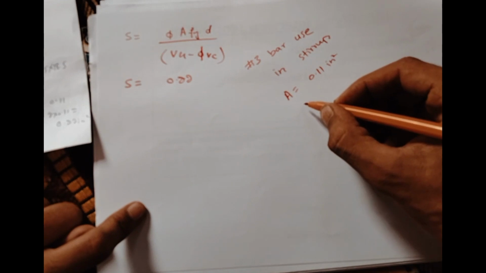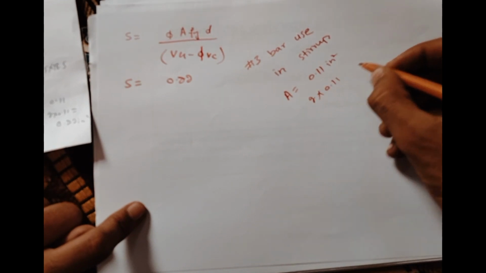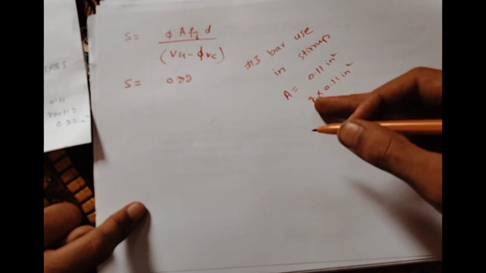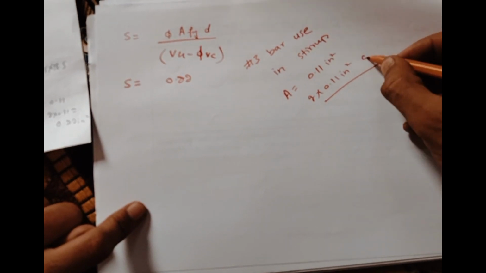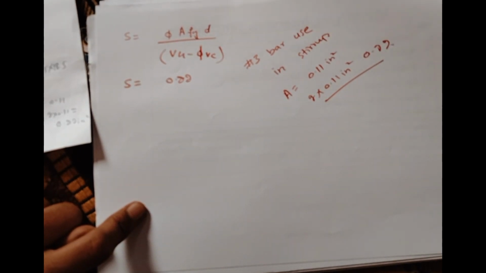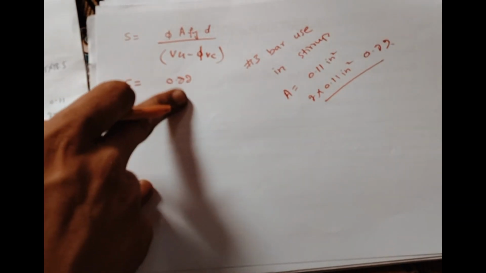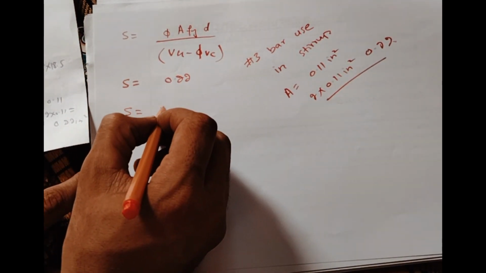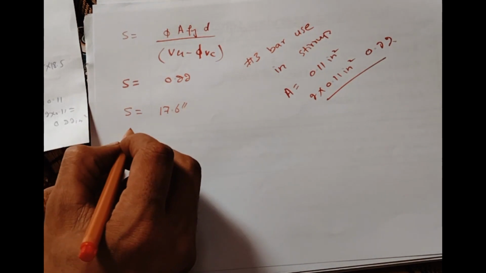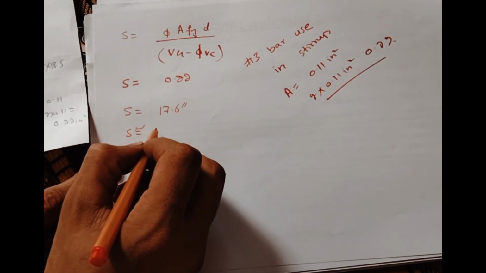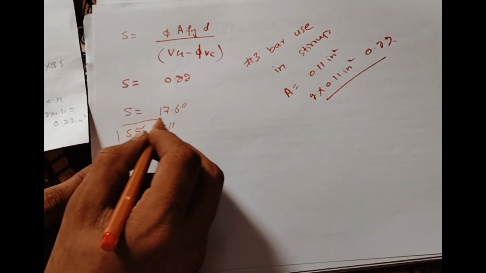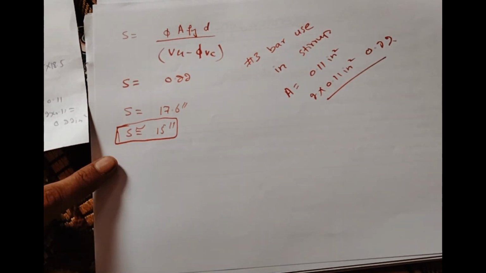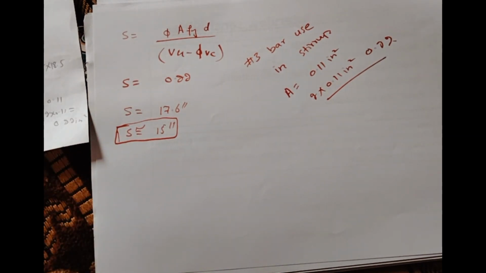Here the area is equal to 0.11 square inches. The stirrup has two legs, on the upper and lower sides, so its area is equal to 0.22 square inches. Now putting these values, we get 17.6 inches spacing. Let's say it is approximately equal to 15 inches.